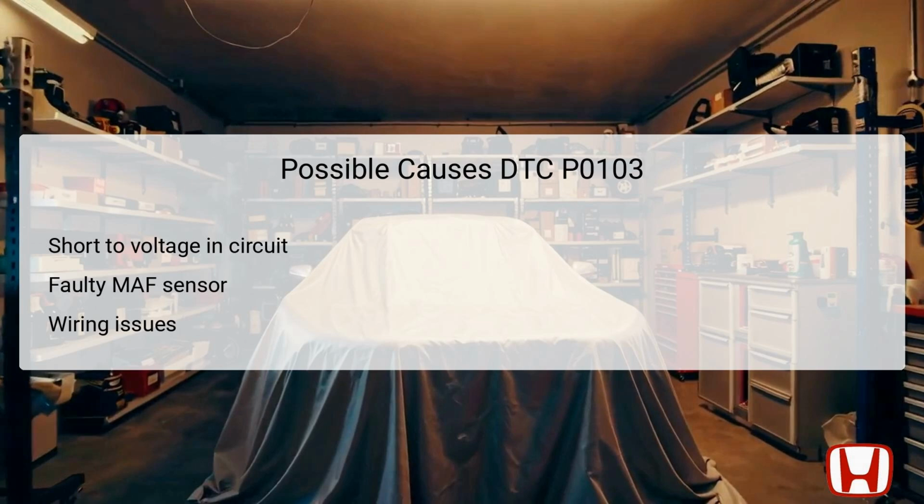It is crucial to evaluate these factors systematically, as correct identification of the underlying cause will lead to an effective solution. Each component and connection in the MAF sensor circuit should be thoroughly inspected to determine the source of the high voltage condition.